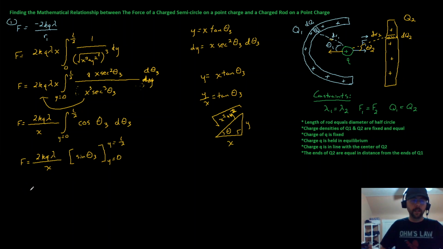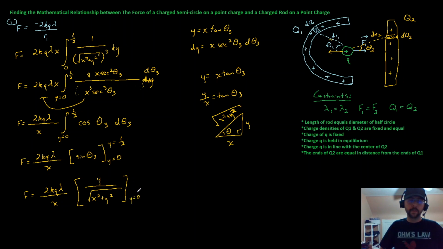So f equals 2k q lambda over x times opposite was y over square root of x squared plus y squared evaluated from y equals 0 to y equals L over 2. This will be an L.